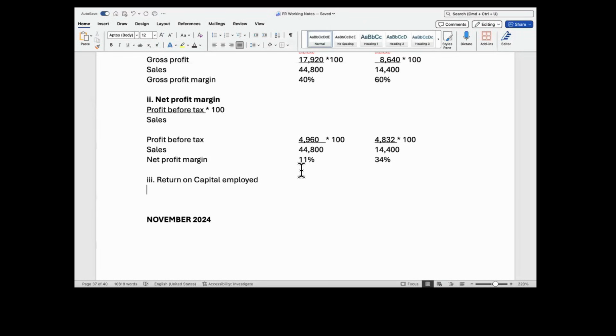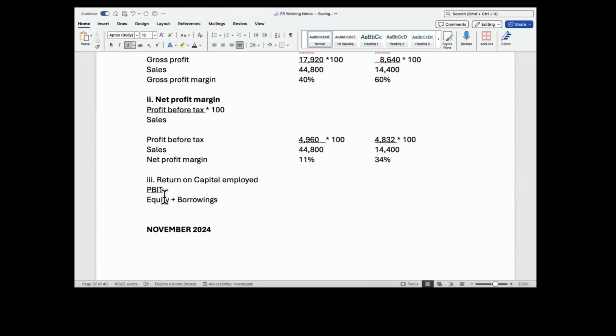So in this case, where capital employed is equity plus borrowings, what would be our profit? Profit before interest and tax, that's correct. It will be your PBIT.